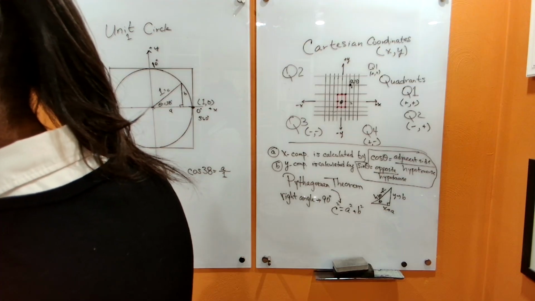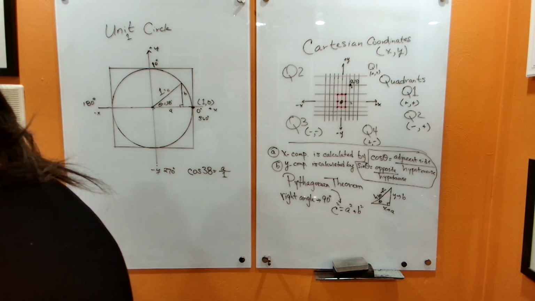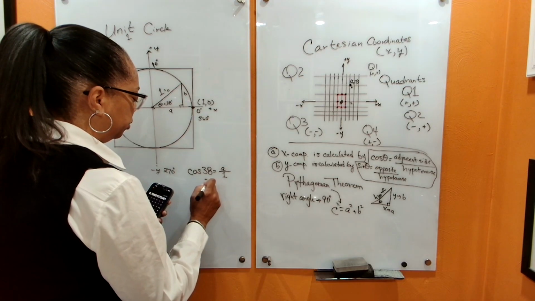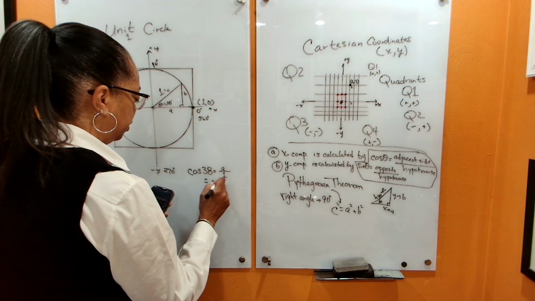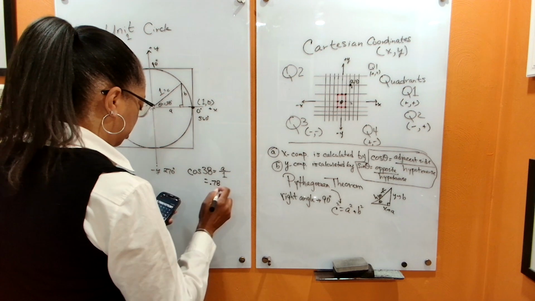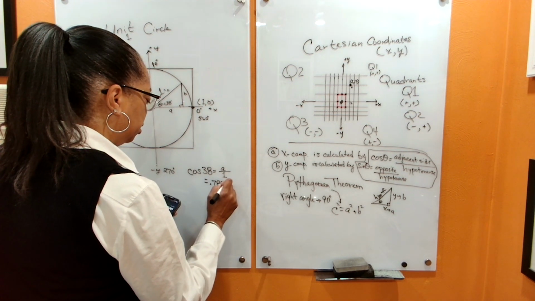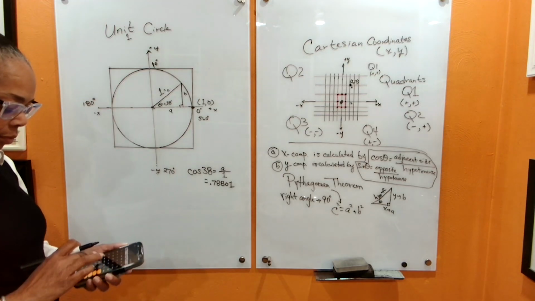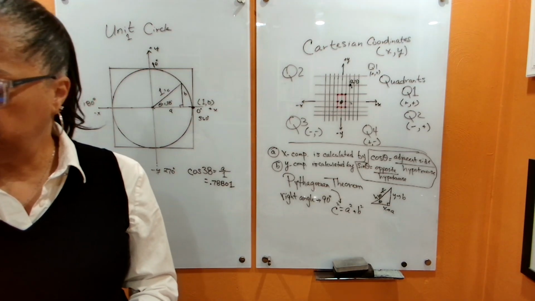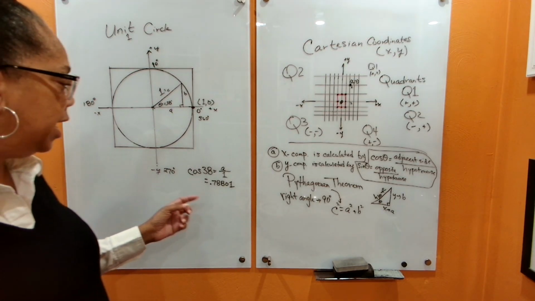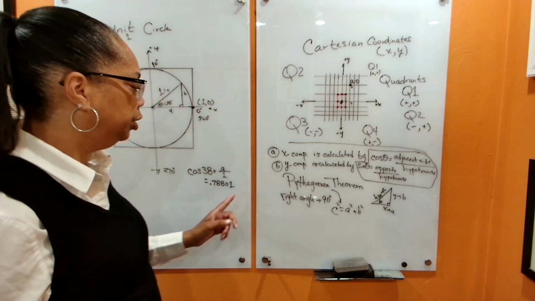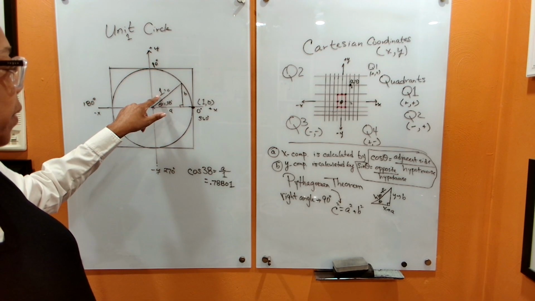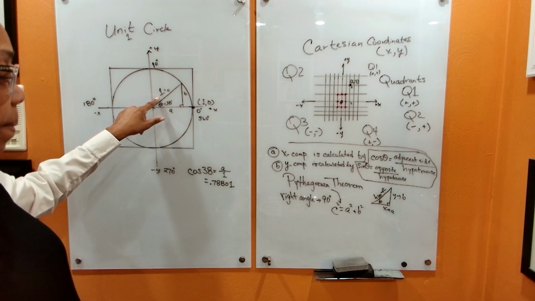I'm not using all of those digits after 0.78801. Equals 0.78801. Now what's going to happen is our numbers are supposed to add up to 1 when we do c squared equals a squared plus b squared, because the hypotenuse is 1.